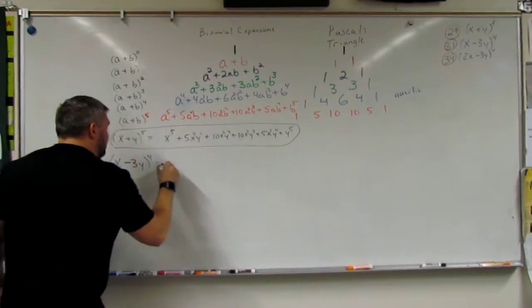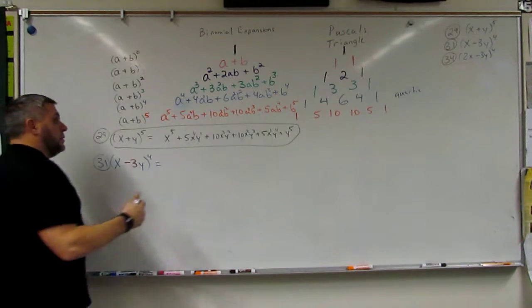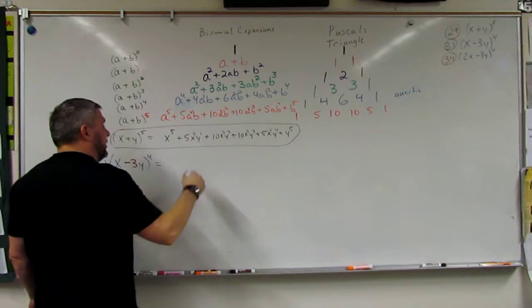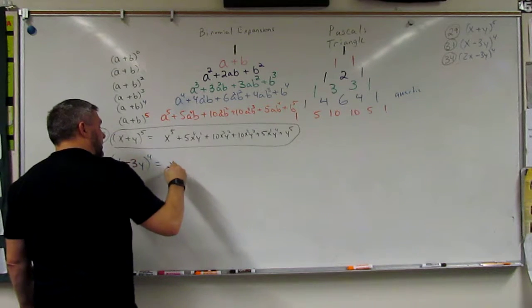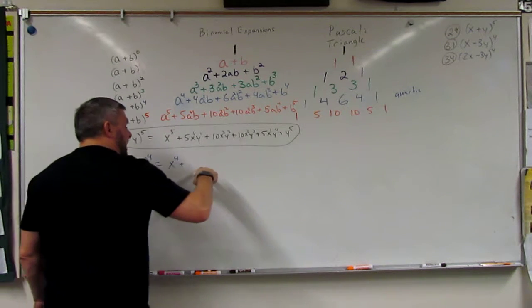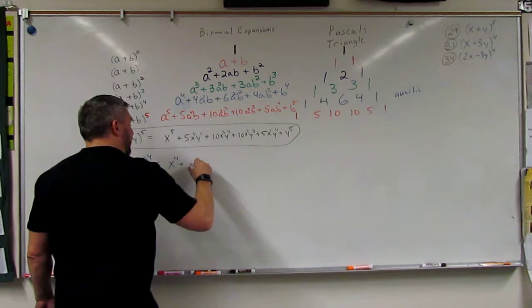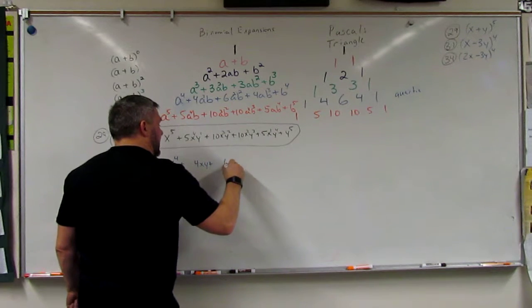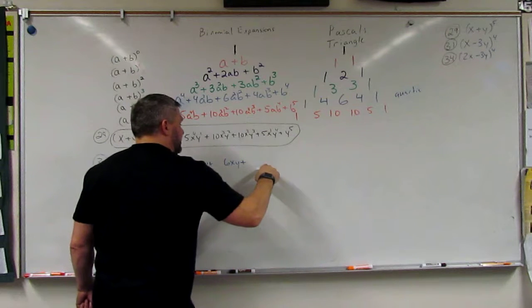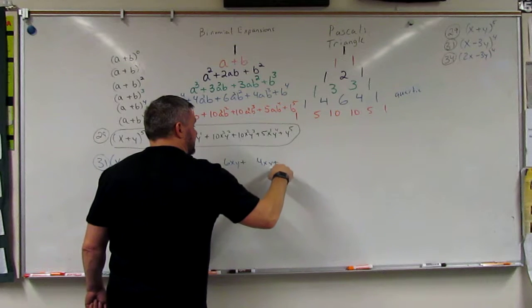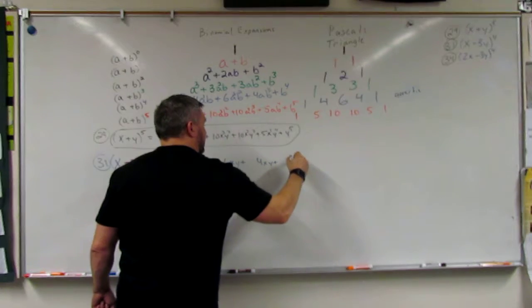So x to the fourth, plus space 4xy, plus space 6xy, plus space 4xy, plus space y to the fourth.